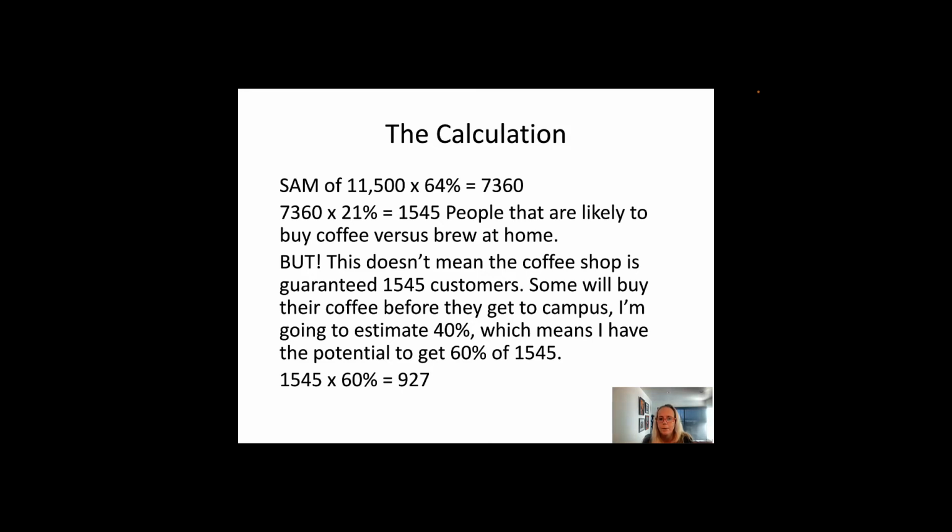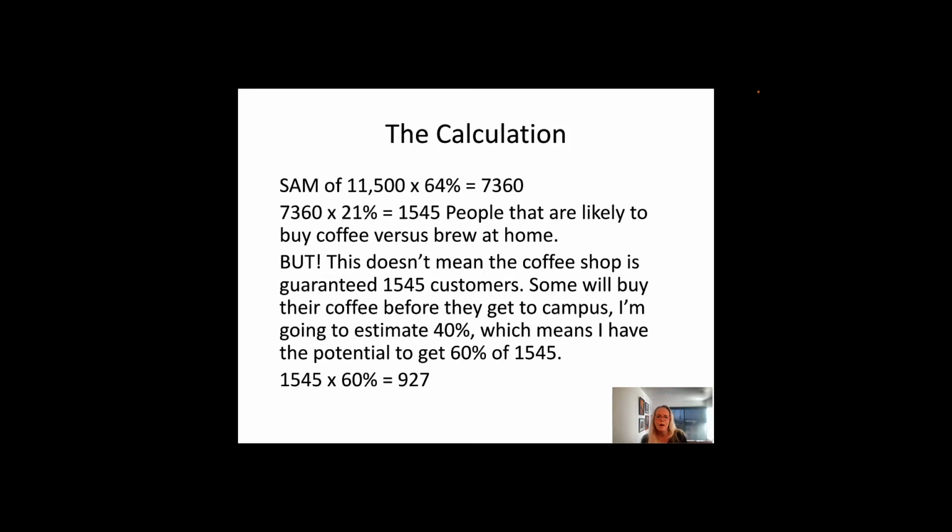Now remember, that's not our obtainable market though, because 21% of folks are likely to buy versus brewing at home. So we're going to take that number, 7,360, and multiply that by 21%, which gives us 1,545 people. That's not our number either though, because we have to narrow that down even more.